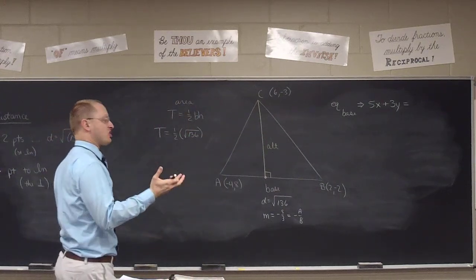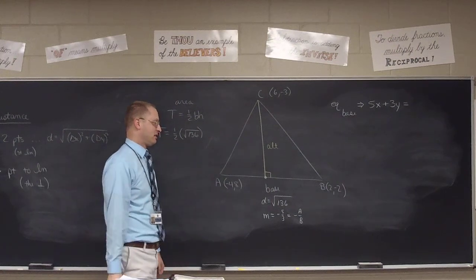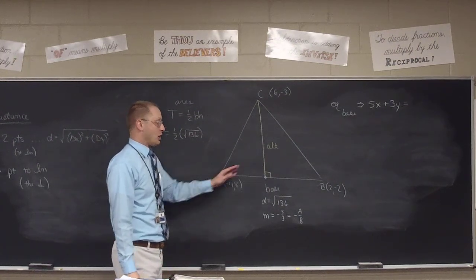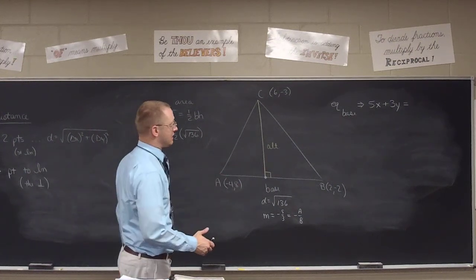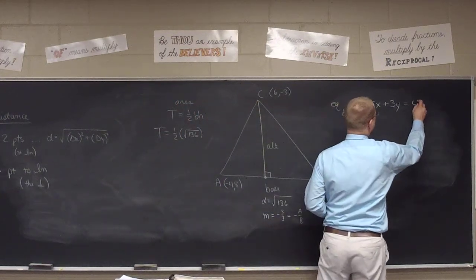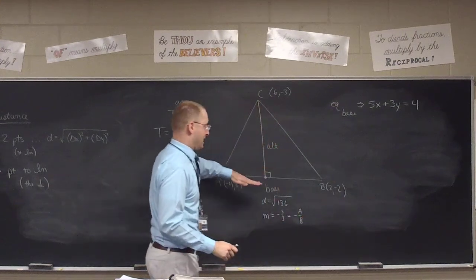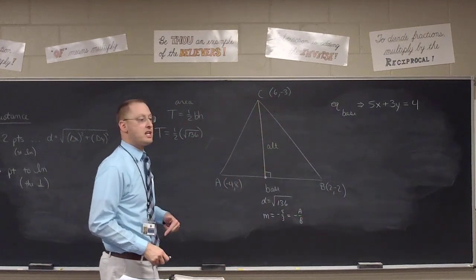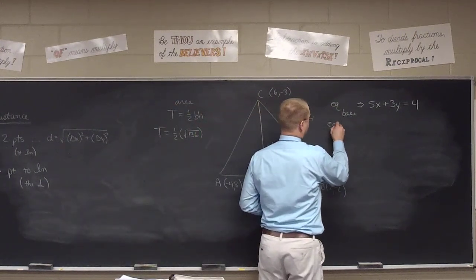Now, how do I finish that equation? Plug in either A or B, one of the 2 points that we know is in that line segment. Let's go with B. I think that'd be easier. And that's not too bad. So we have the equation of the base, but we also need the equation of the altitude.